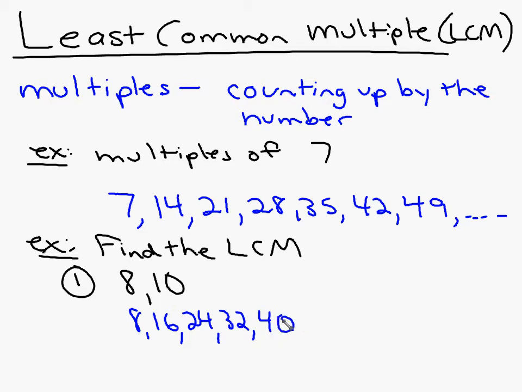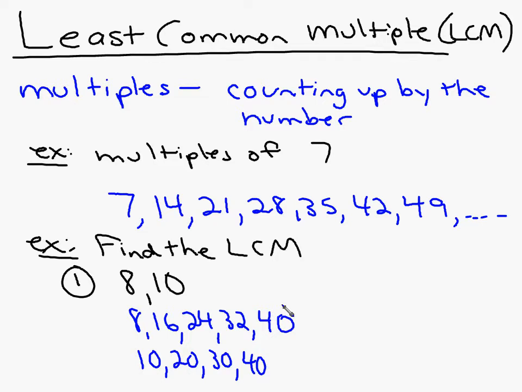Now, if you pay attention to the other number, you can save yourself some work. I can stop there because I know what the other number is. It's 10, right? Watch. If I list my 10s, 10, 20, 30, 40, I am done.